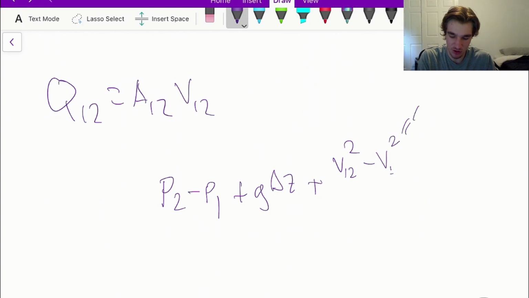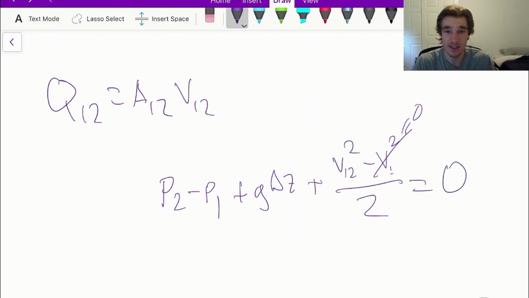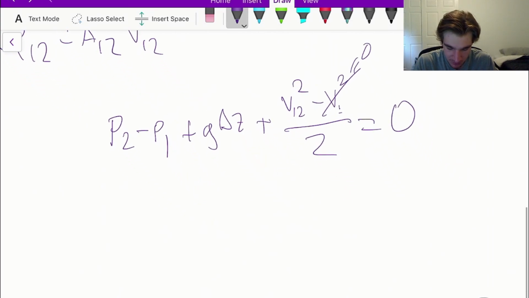And this V initial is going to be equal to 0, so we can discount that. That's going to be equal to 0 in this case because the change in height will be 0. And I forgot to put this over rho, that is P2 minus P1 over rho.